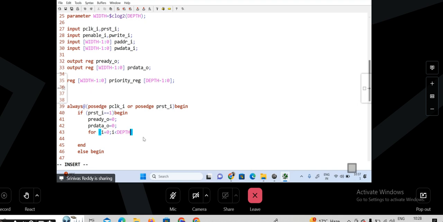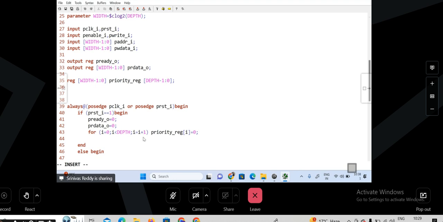So what we are doing is nothing but preset is equal to 1, we are making all reg data types to zeros. Else, this is the else for the preset is equal to 0. Now I should do the write operation and read operation, right? To do the write operation and read operation, first I need to do the handshaking.